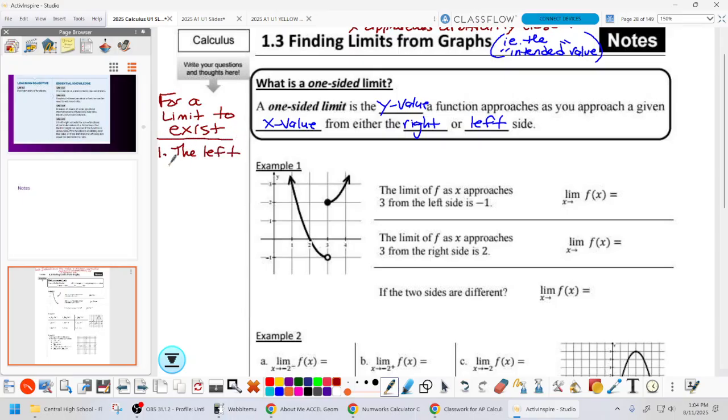The left and right limits must be the same value. And the limit must be finite. What does that mean?